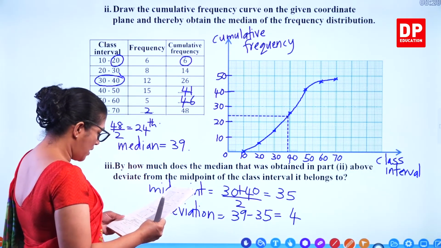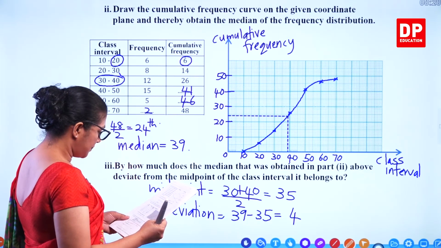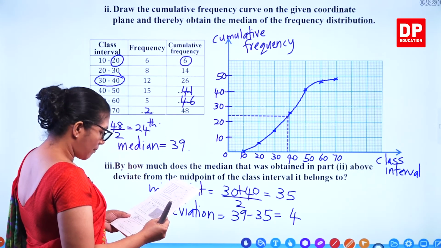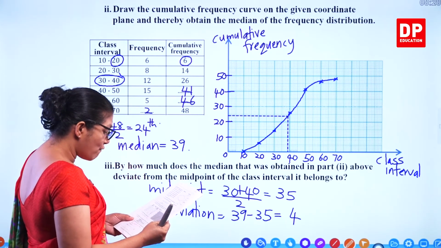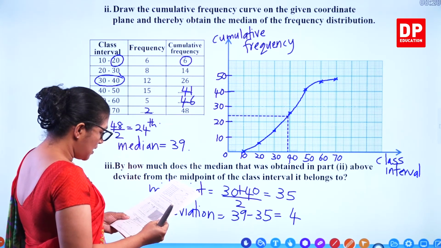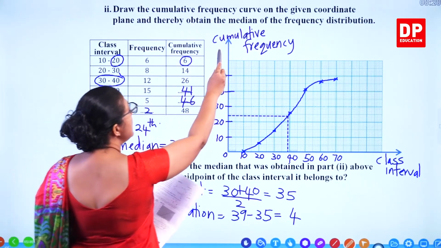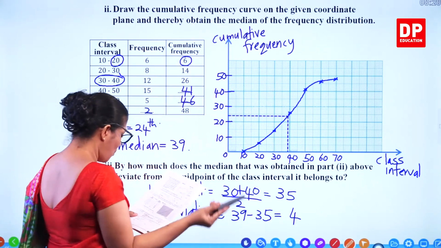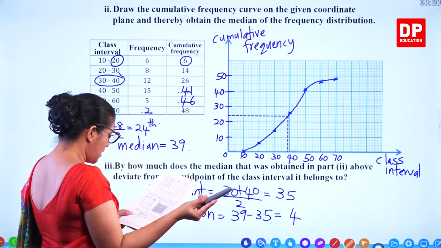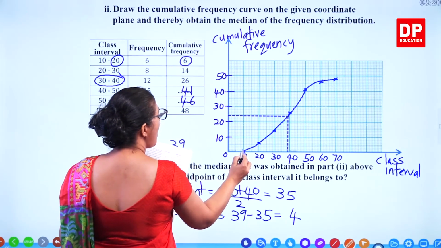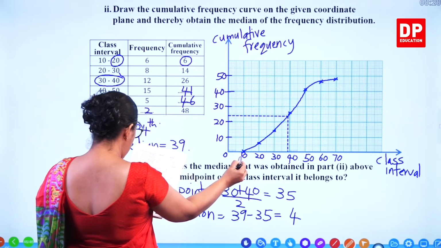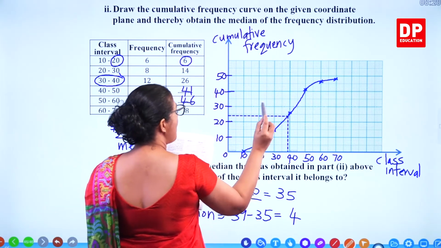In this one, for the whole graph, marking the points, everything, 5 marks. Labeling X and Y, 1 mark. Connecting the lowest point to the others, 1 mark.